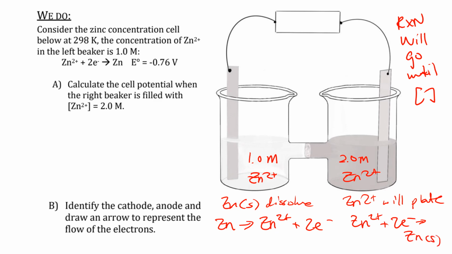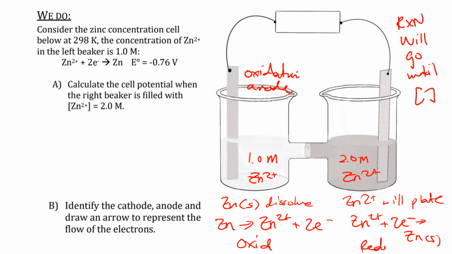So what is being reduced or oxidized? Your oxidation numbers on the first one, the 1.0 molar, are going from 0 to 2+. That means electrons are lost, so this is oxidation, and if oxidation is occurring somewhere, this is your anode. The other side, your 2+ becomes 0, so you're gaining electrons, so this is reduction.